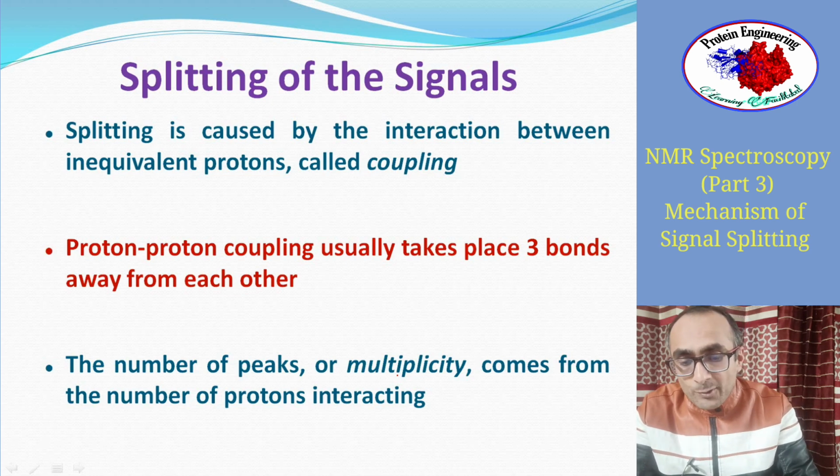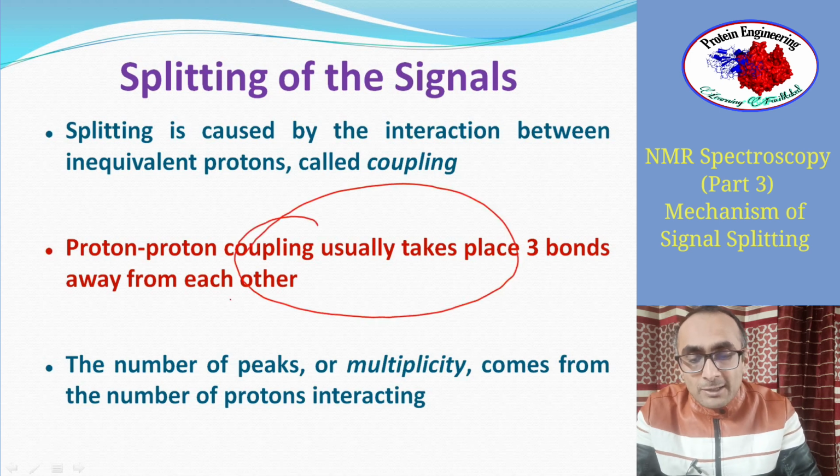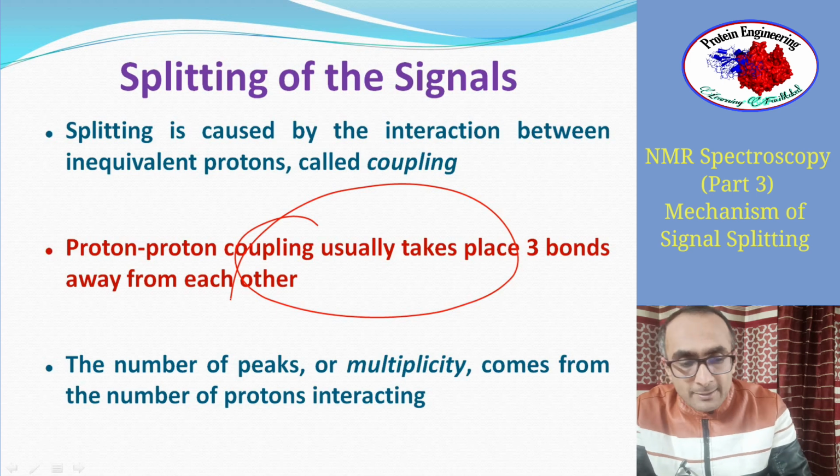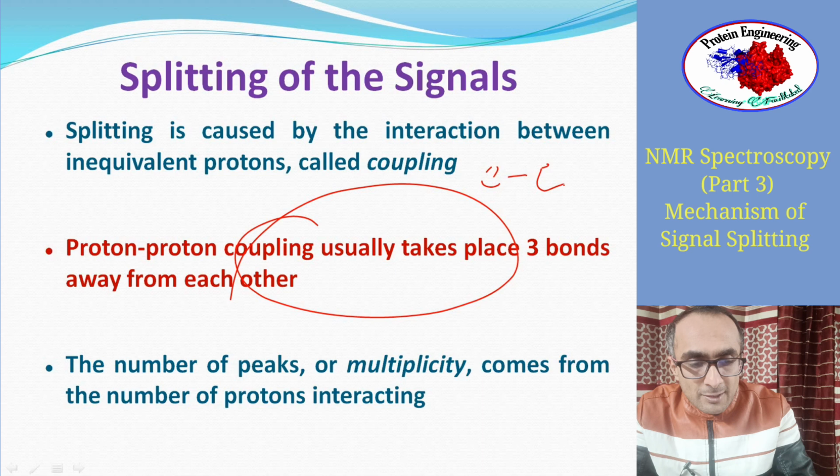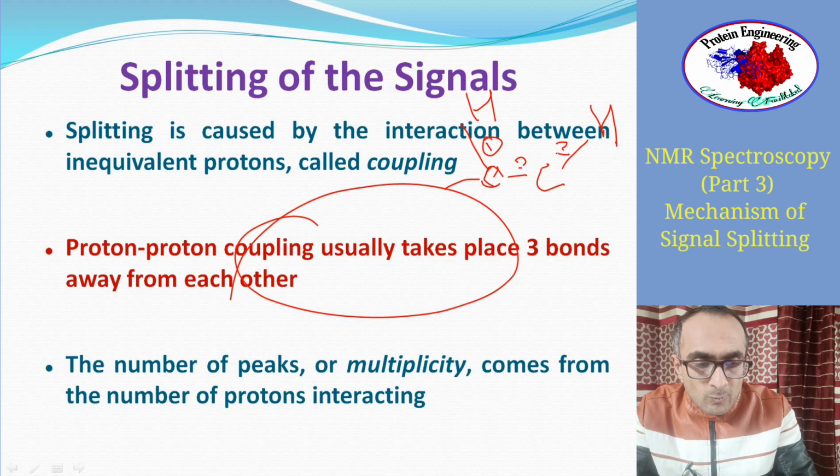Proton-proton coupling usually takes place three bonds away. That means if you have a compound like this, with one carbon atom, another carbon atom, a hydrogen here and a hydrogen here, the distance between these two hydrogen atoms is one sigma bond, another, and a third one.